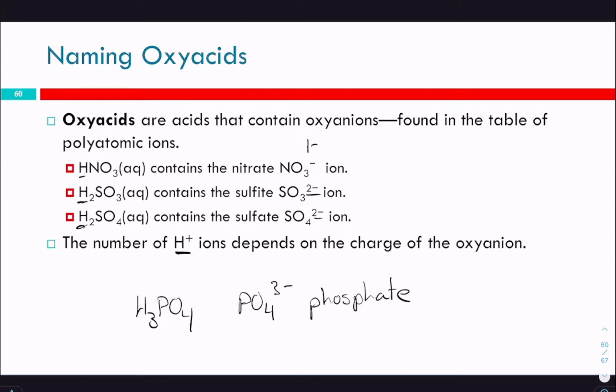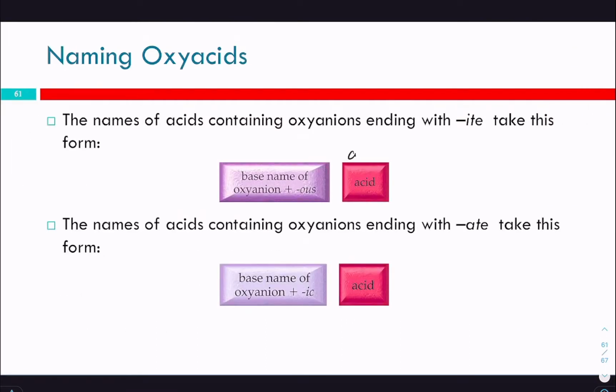So we have 2 different endings that we use for these. If the oxyanion ends with ITE, you change the ITE suffix to OUS when it's the acid. For ATE, we change ATE to IC.